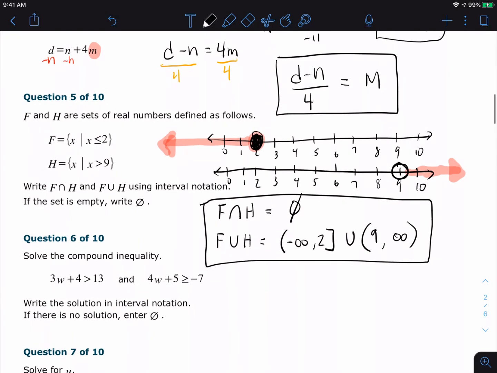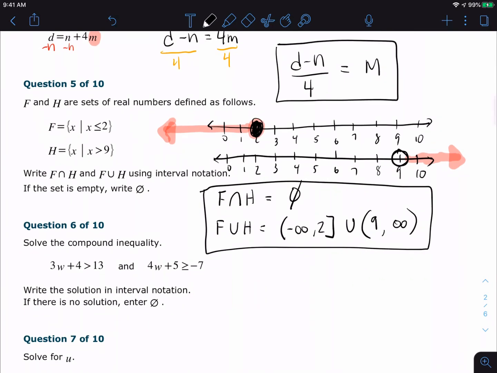Okay. All right. So in this next problem, it's asking for a compound, and since it's saying and, it's asking where they both shade. Okay, where they both shade. So I'm going to have 3w plus 4 is greater than 13, and 4w plus 5 is greater than or equal to negative 7.